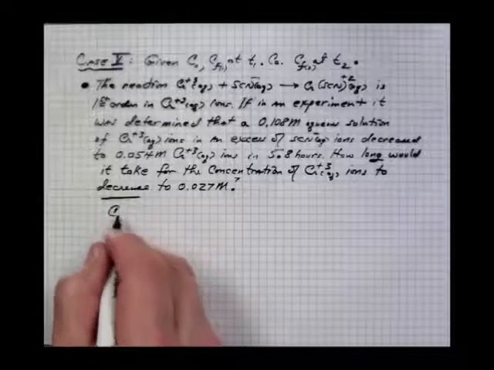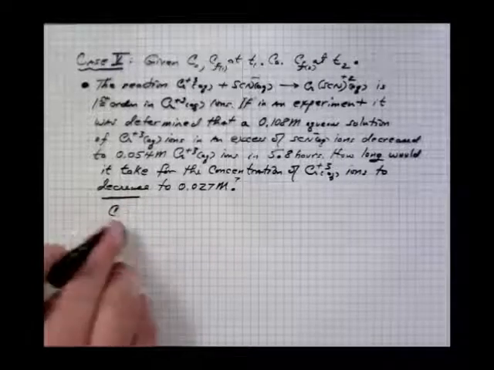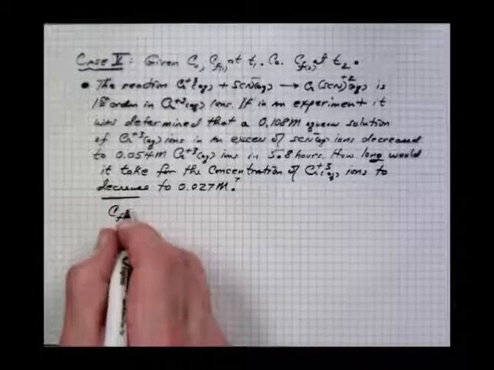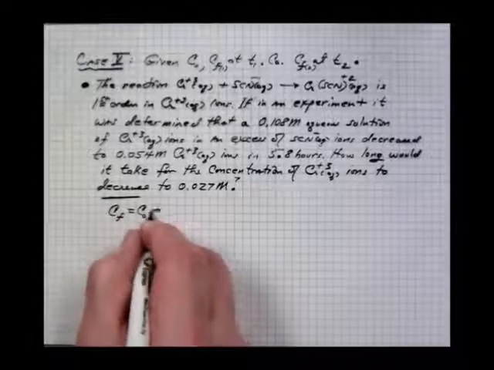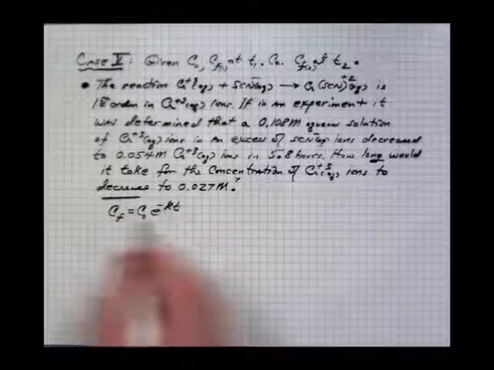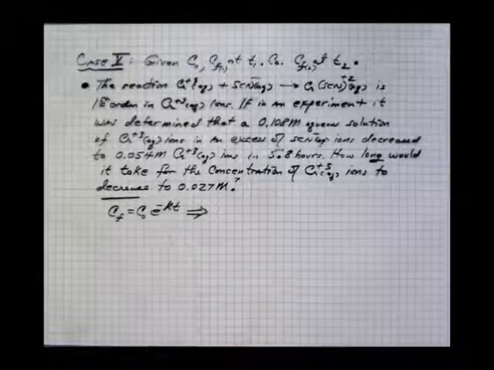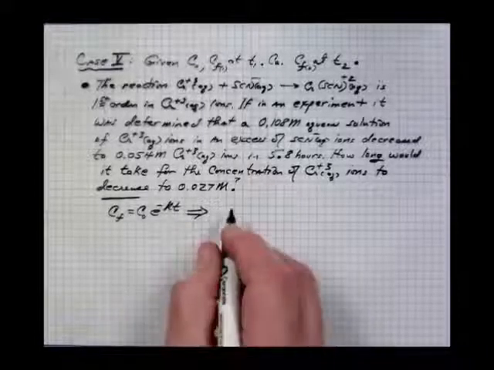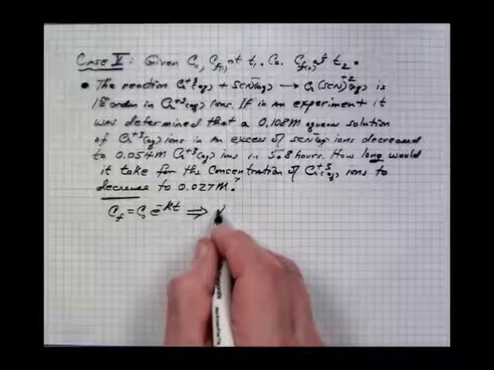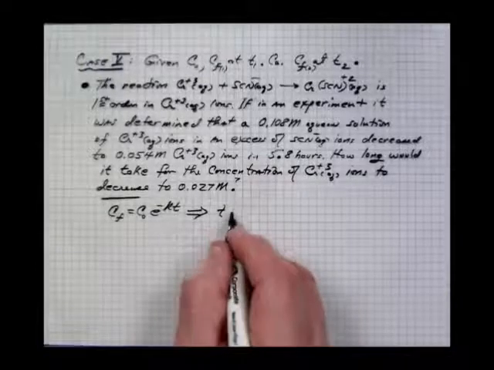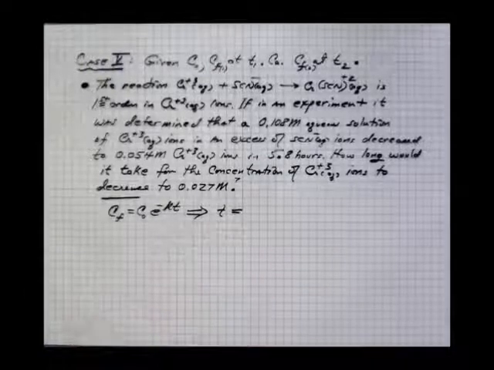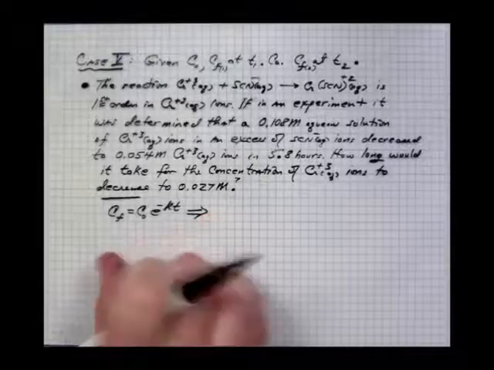That is C final equals C sub 0 e to the minus KT, and as shown earlier, this can be rearranged and expressed in a time relationship or K relationship.